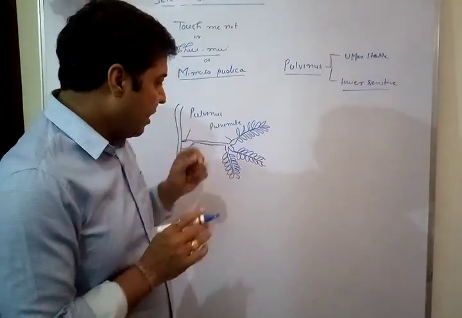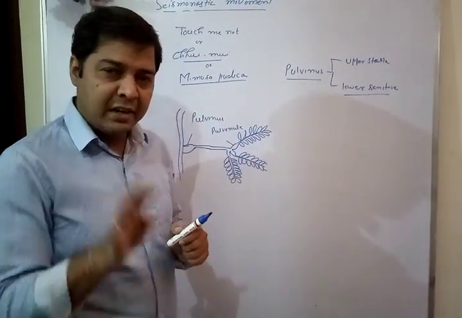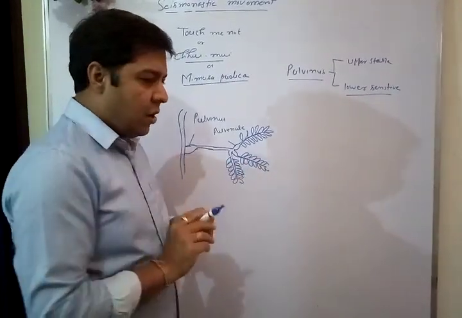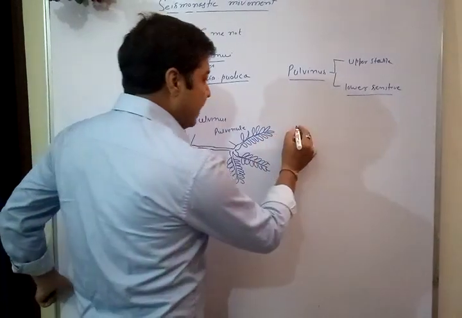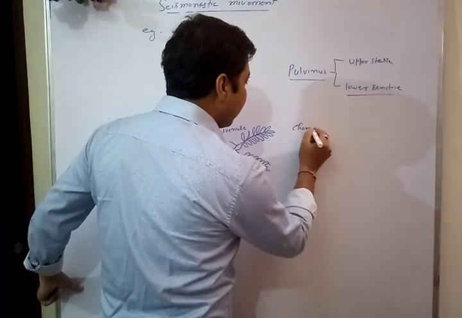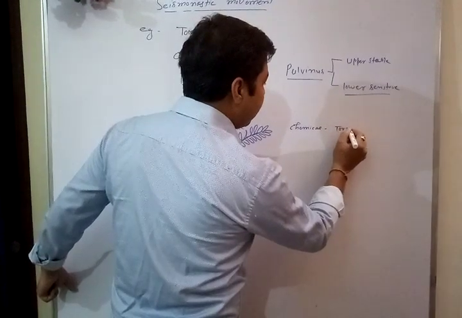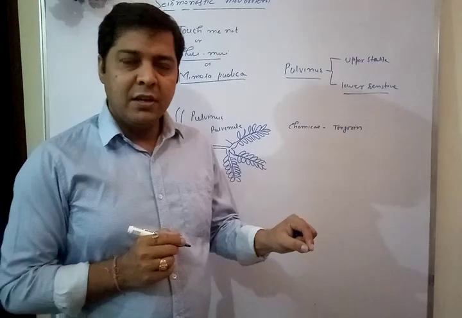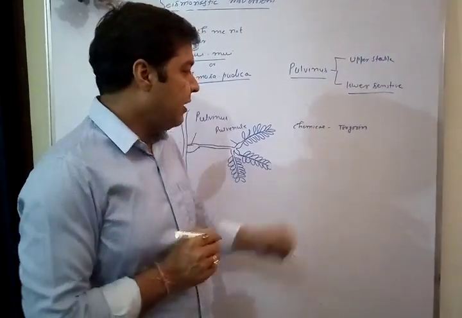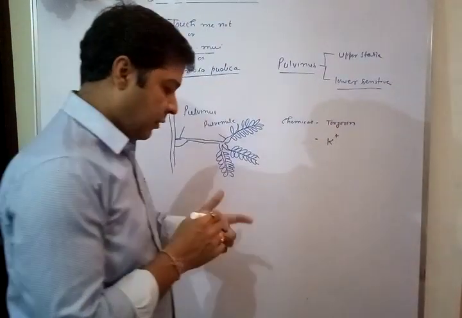As we touch or give any kind of electrical shock to the leaves, all the cytoplasmic fluids, including one chemical called turgorine, are present, along with the movement of potassium ions.